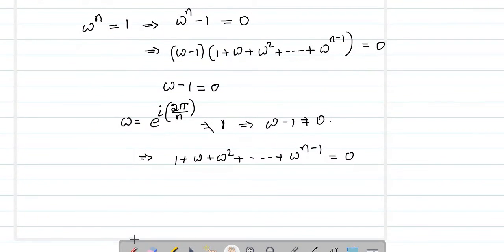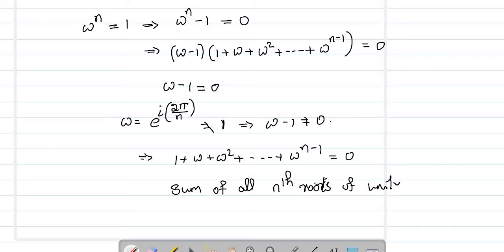So from this we can conclude one thing. The sum of all nth roots of unity equal to 0.